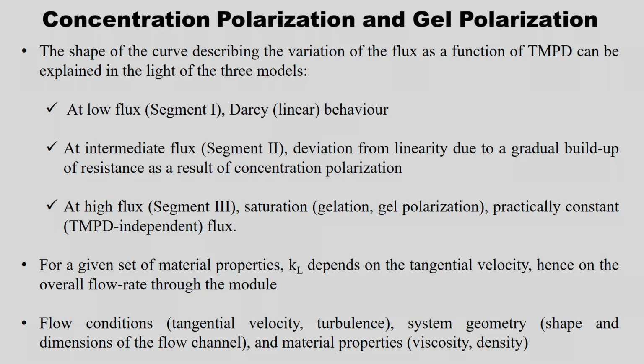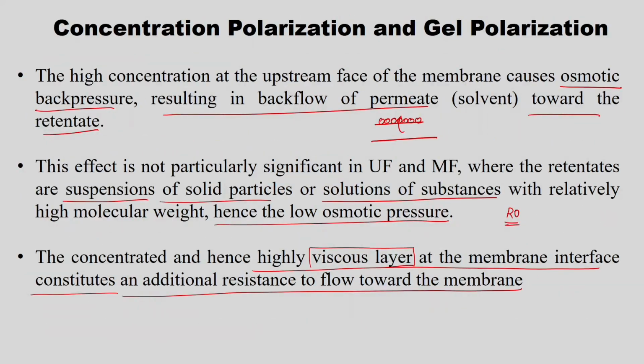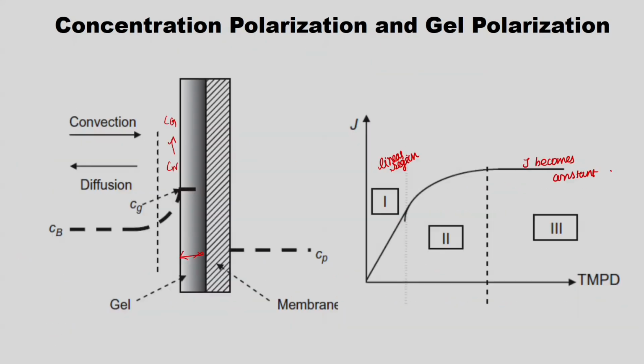So, the shape of the curve describing the variation of the flux as a function of TMPD can be explained in the light of three models. The first one is the linear model, where I told Darcy law. This model is only applicable when J versus TMPD follows a linear line. There only you can apply the Darcy law model. That is the restriction I told there.